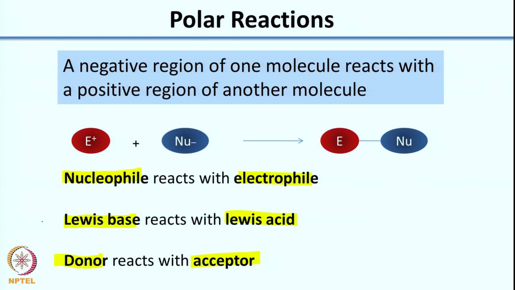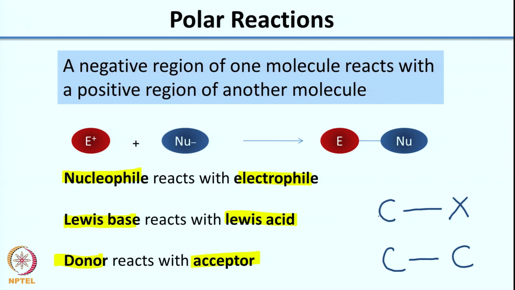Since we are talking about organic reactions which essentially involve carbon, if I were to look at carbon and another species X, now if X is carbon, both of these atoms would take the electrons of the bond in a similar fashion to each other.